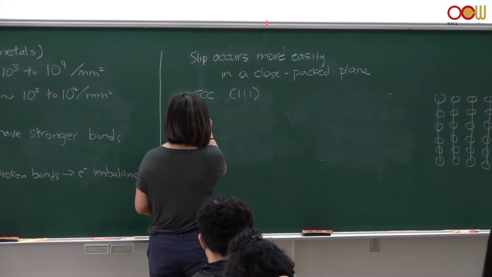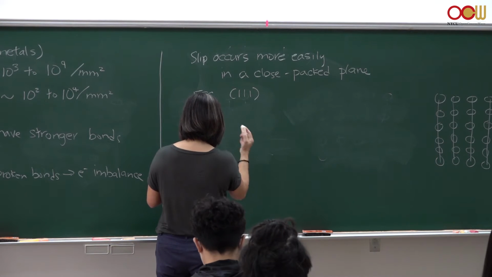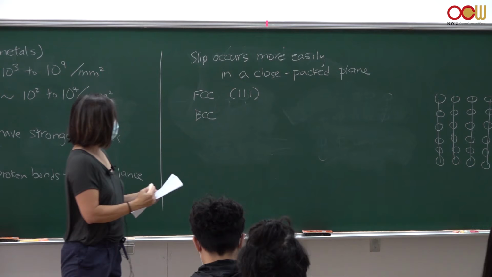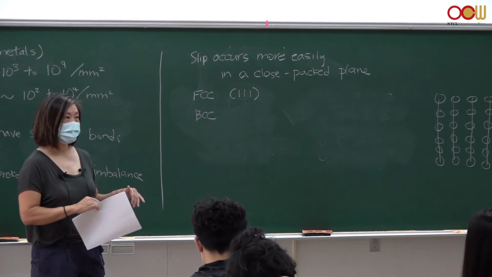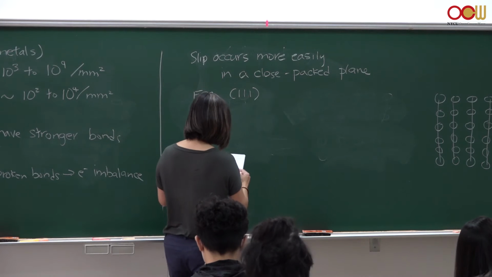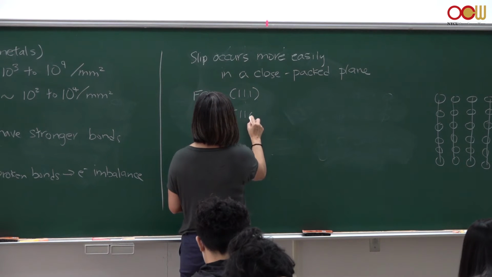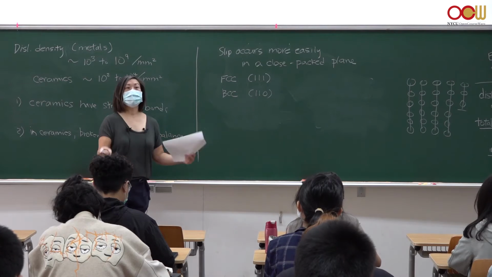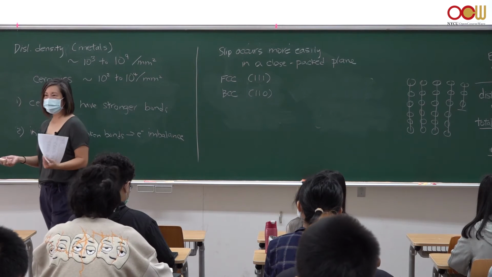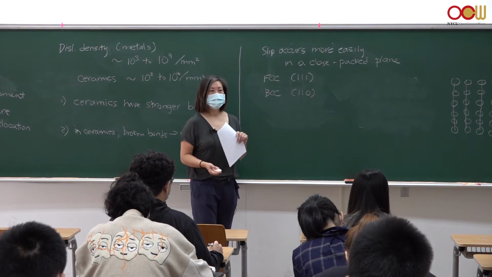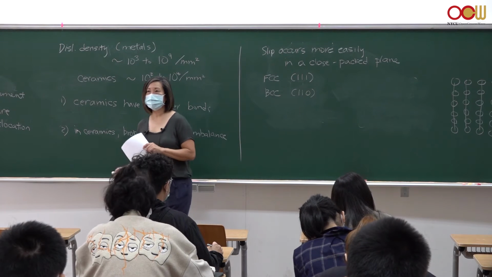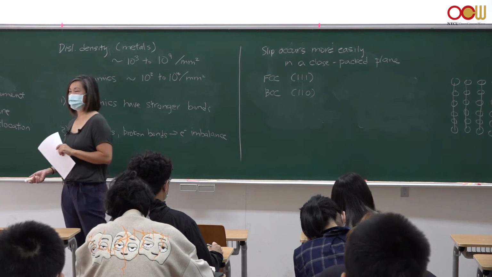In the BCC, you actually don't have a close packed plane, right? Because BCC is not a close packed structure. But you do have the 110, which is more close packed than the rest of the other planes within the BCC. Any ideas why close packed planes would be good slip planes?